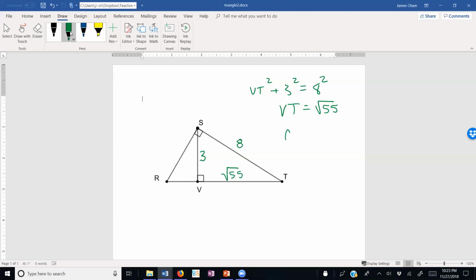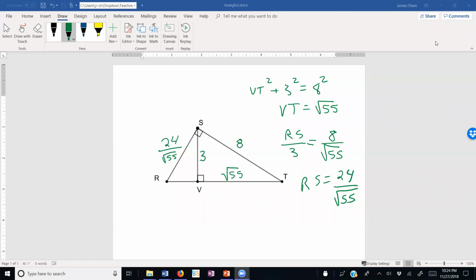So RS over 3, that's the hypotenuse over the long leg in the left-hand triangle, is equal to 8 over root 55, which is hypotenuse over long leg in the medium-sized triangle. So RS is equal to 24 over root 55. And we might simplify that, but I don't know that that's necessary.